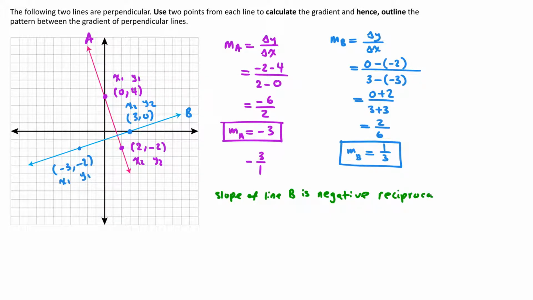Reciprocal of line A. And mathematically, the way we can write that is MB is the negative reciprocal, so just -1 over MA, of line A. So the negative reciprocal of line A.